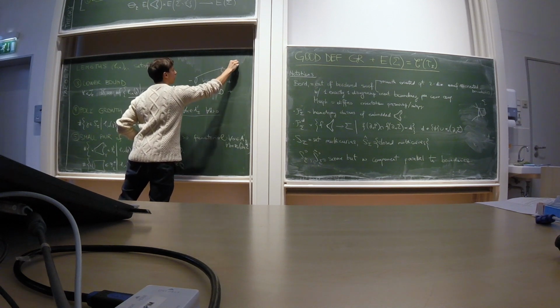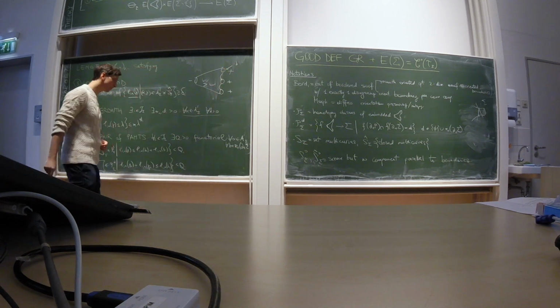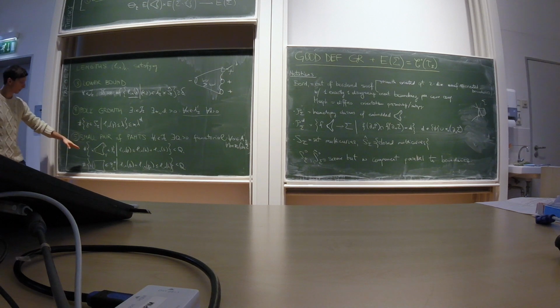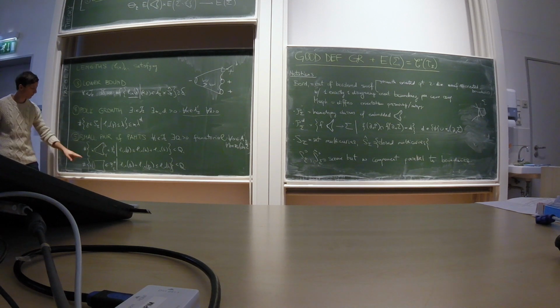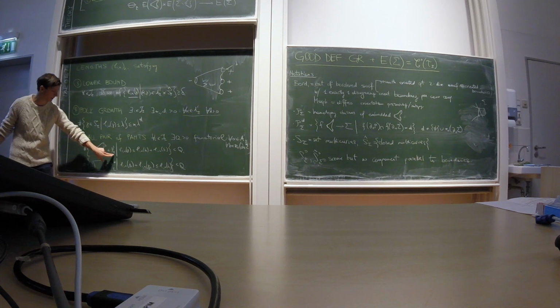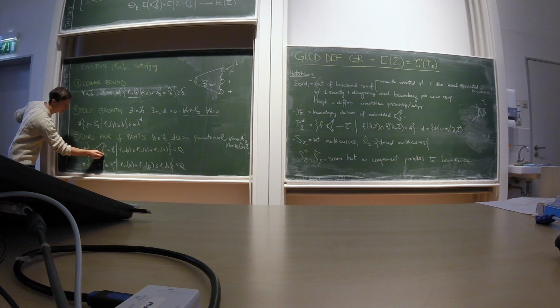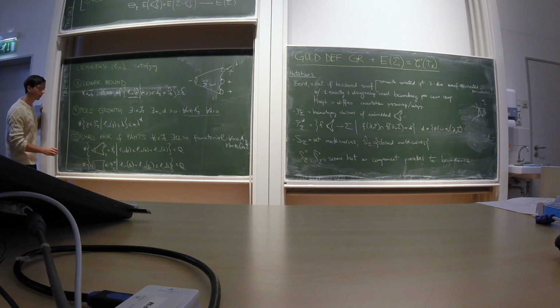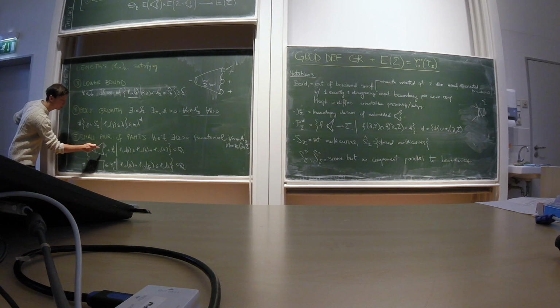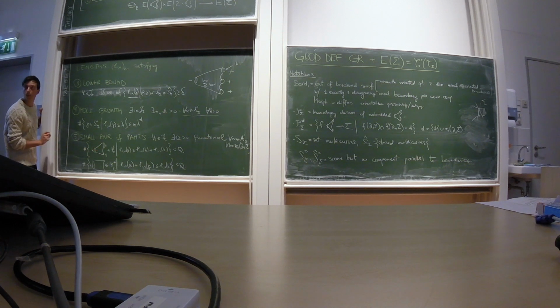B is one of those. And then you want to count how many times the following happens. Then you have a pair of pants embedded in sigma, such that, roughly speaking, this is small, and these two are big. In particular, the sum of those two is bigger than this one.